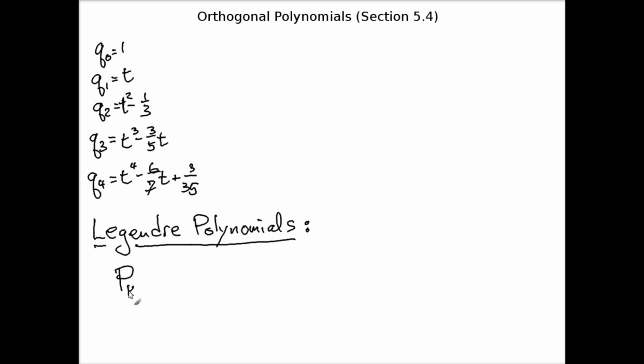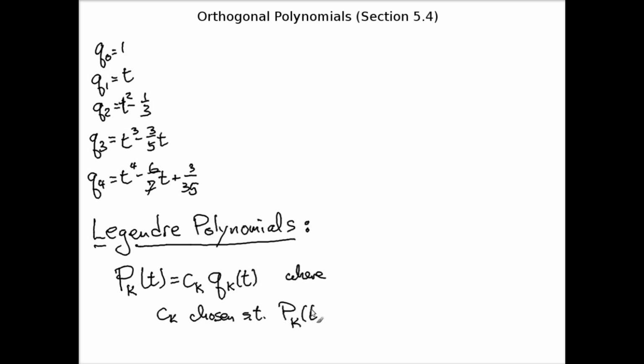The kth Legendre polynomial, pk of t, is some multiple ck of the kth polynomial I just computed, where ck is chosen so that pk of 1 is equal to 1.